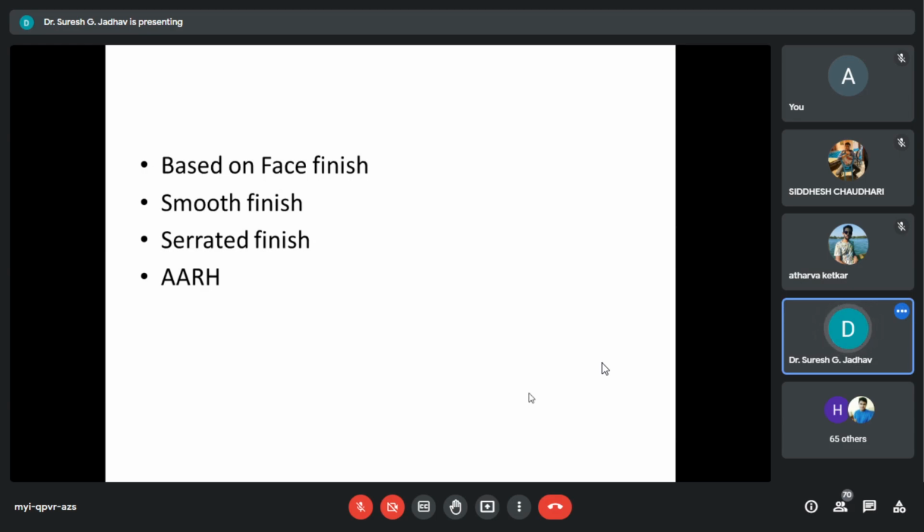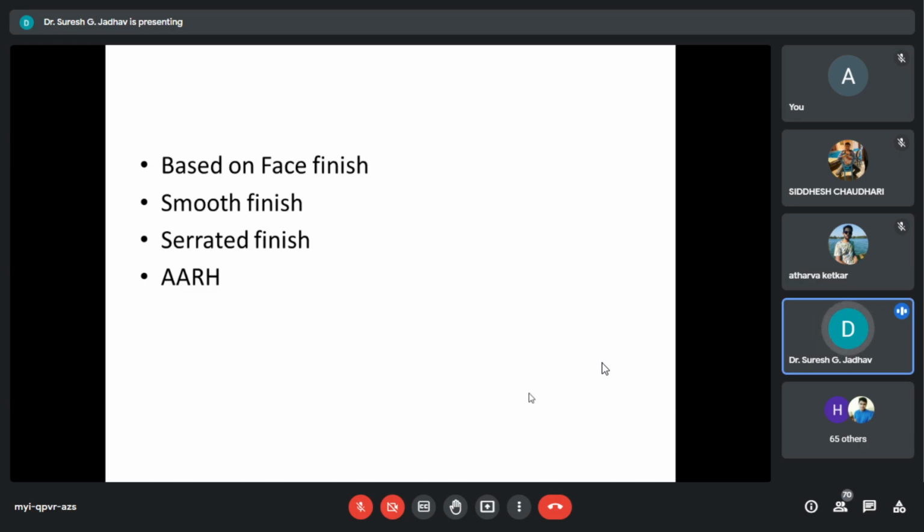And this is the number we can specify for the serration: arithmetic average roughness height. This is called AARH. It stands for arithmetic average roughness height.